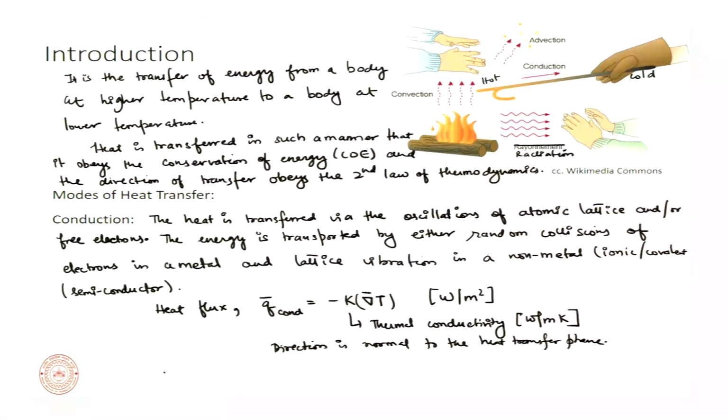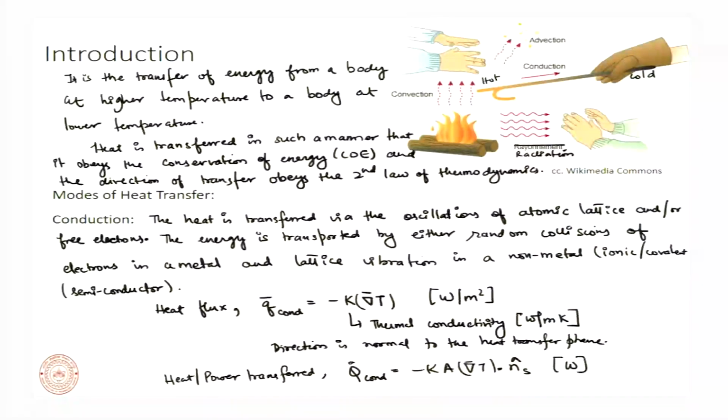If you want to find out the net heat or power transferred by conduction, then you multiply this with area, and you will get Q dot conduction, which is equal to minus k A del T dot the surface normal. Okay, the unit is watt. So the power transferred, the energy transferred, is a scalar.